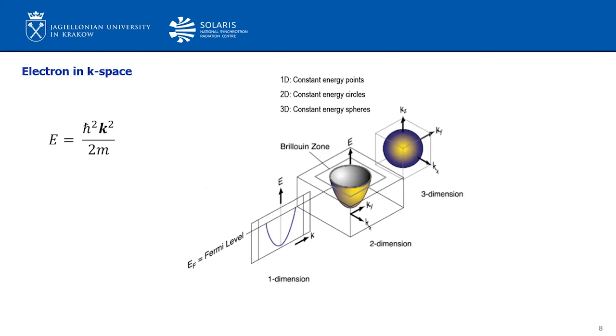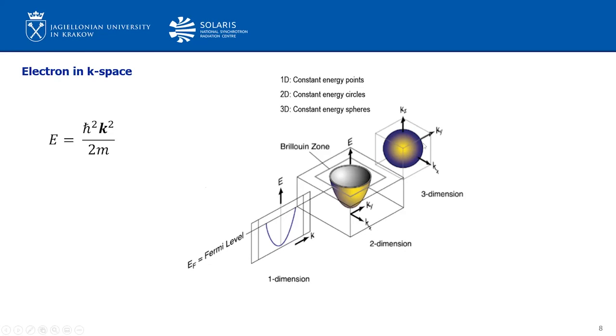But when we think about the electron in k-space, we can reduce our problem and see only the Fermi level. When we see only the Fermi level, for one-dimensional space we see only a point. For two-dimensional space, we see a ring.